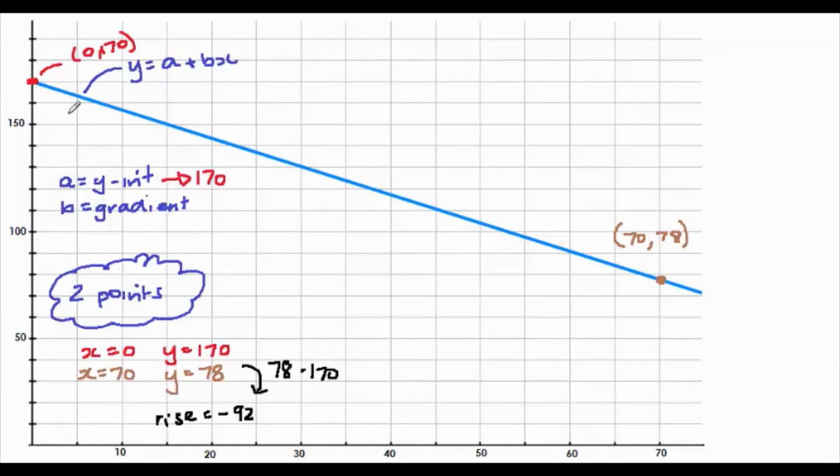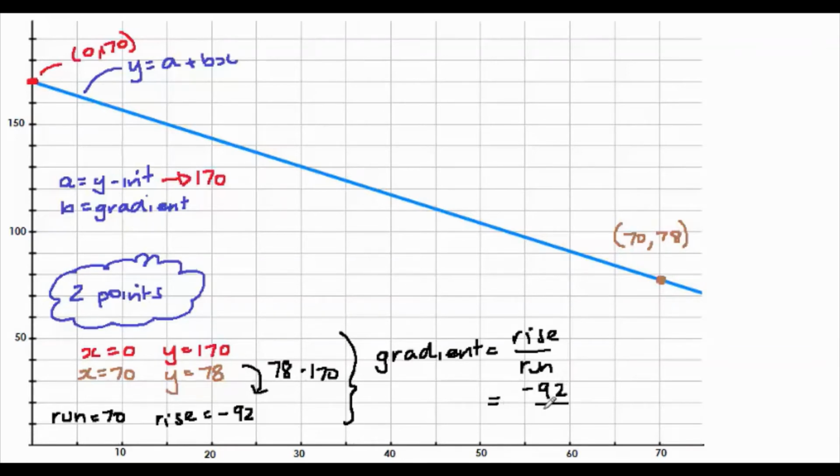My run, which is from here running across from left to right, is from 0 to 70. So I could say my run is 70. And remembering that gradient is rise over run, my gradient will therefore be negative 92 over 70.